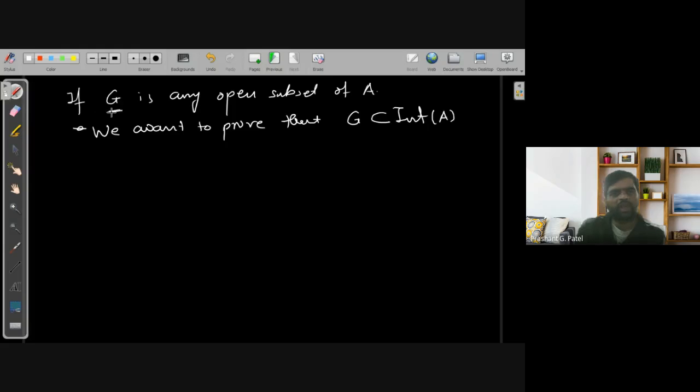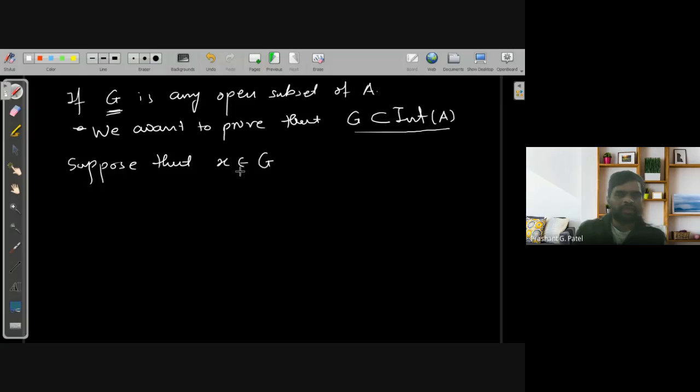I have taken any open set, and if I prove that this G is a subset of the interior of A, which proves that every open subset of A is entirely in the interior of A, that means the interior of A is the largest open set. Because I want to prove that one side is a subset of the other, I need to pick one point in G and prove that that point is in this set. So let's say x belongs to G.